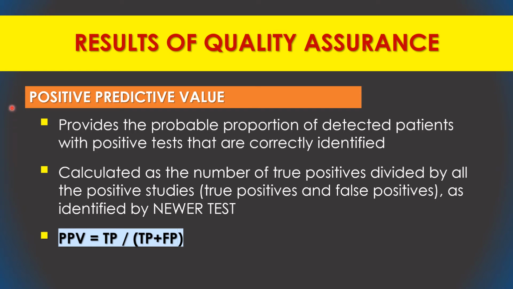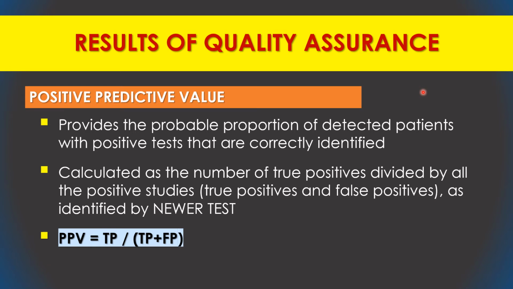The first one is the positive predictive value. From the name, you can tell that this is the accuracy of the test, how good a proportion of true positives it can pick. So if the test tells me this is a true positive, I can predict that this is really a true positive. There is no fallacy in this.